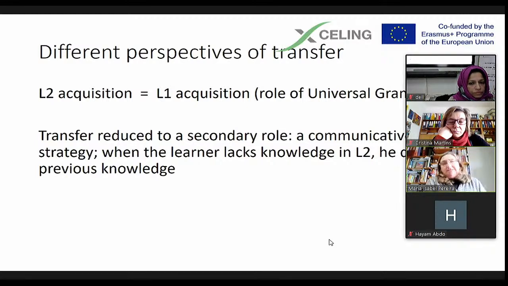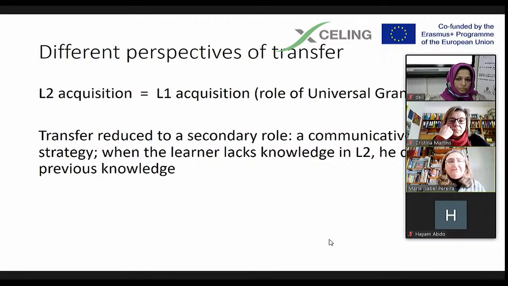And in that case, previous knowledge is L1. So he uses L1 as a communicative resource. So transfer has really a very secondary role in L2 learning in that perspective.